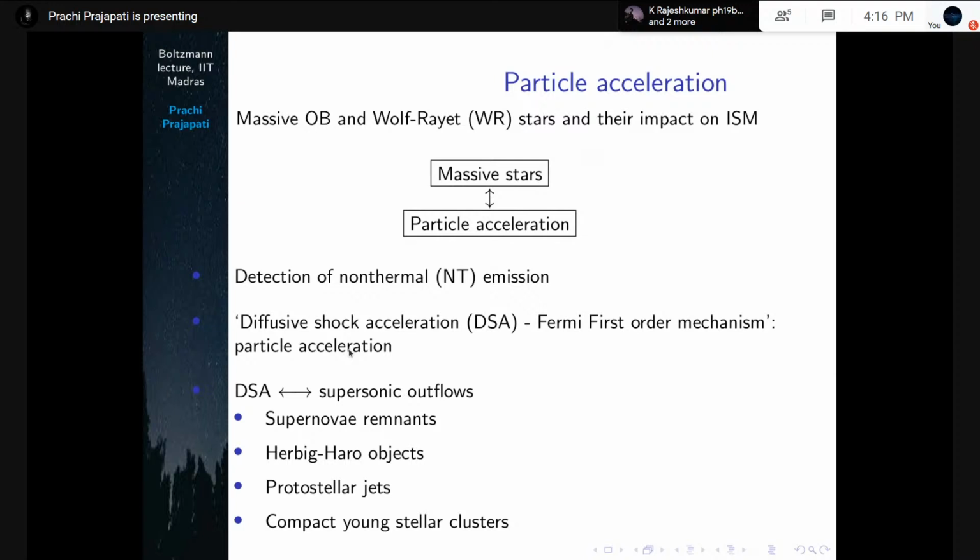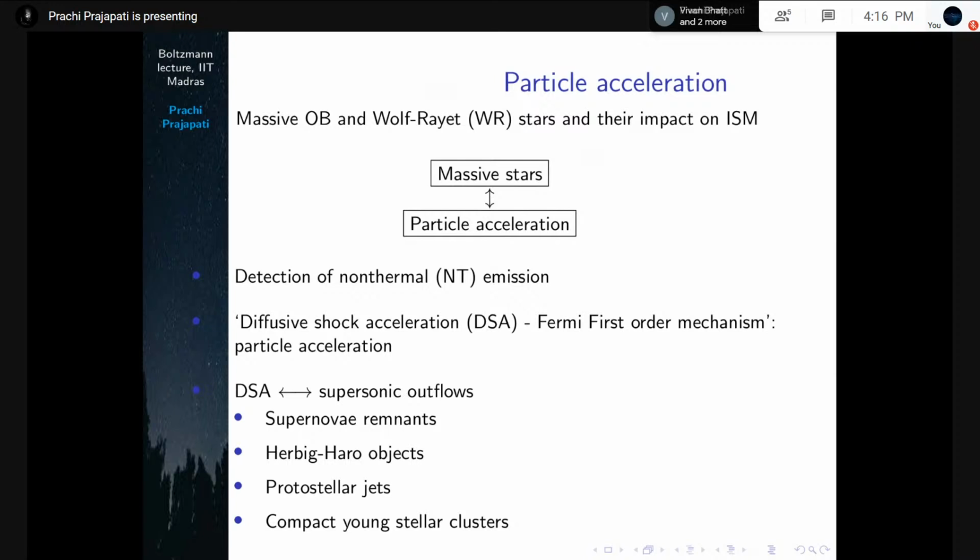Some of you might have studied diffusive shock acceleration, which is a Fermi first order mechanism to accelerate particles, in physics courses. In astronomy, the DSA mechanism generally needs the presence of supersonic outflows or supersonic motion to create shocks.